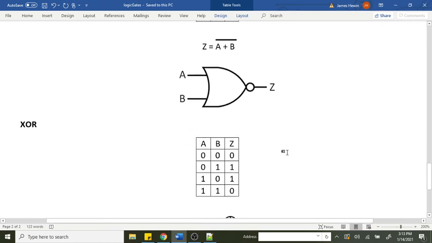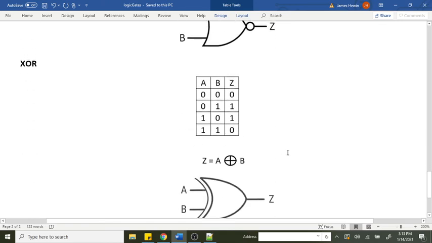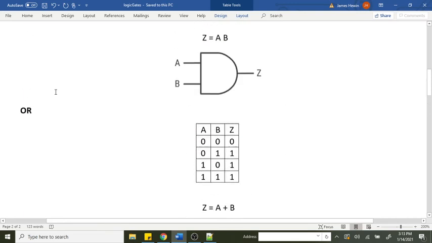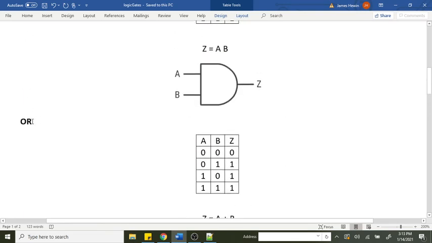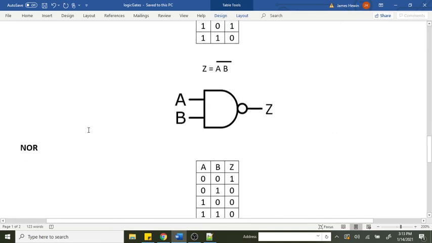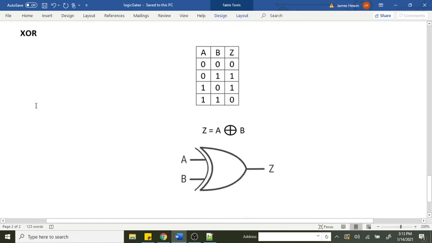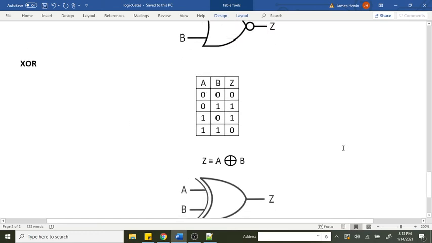Now, the last one we'll look at is the exclusive OR, which is XOR, and you may hear the term inclusive OR, which really is just the basic OR gate. We don't usually say inclusive OR, we'll just say OR gate for short, but the exclusive OR, we have to differentiate that. Okay, so the XOR gate looks like this.